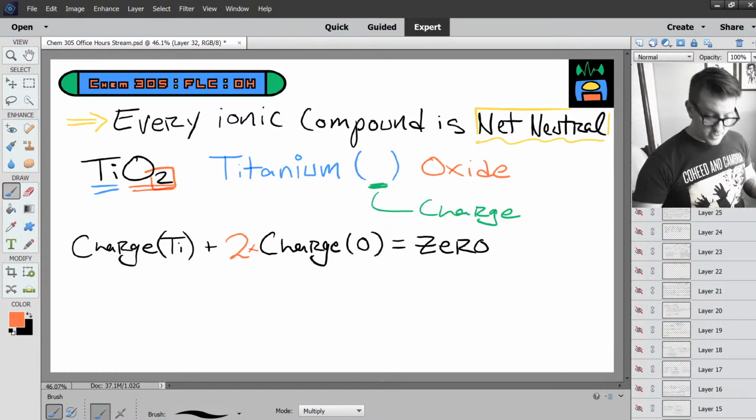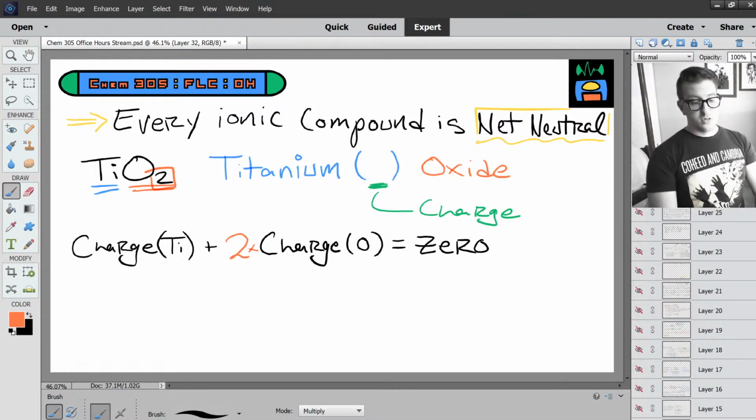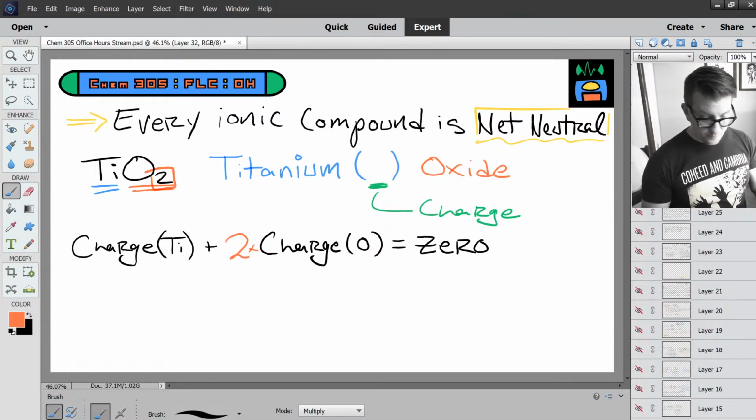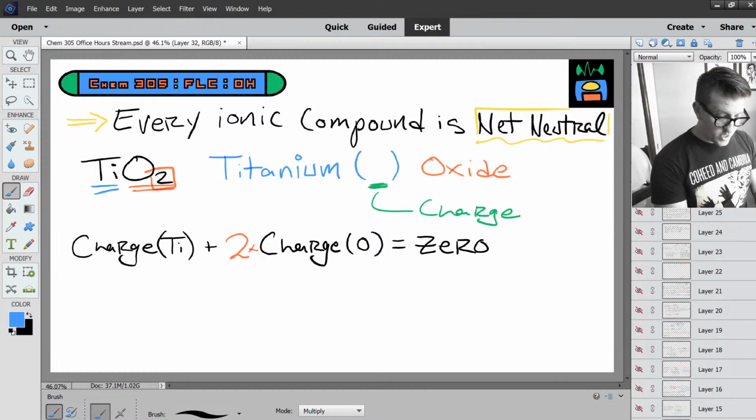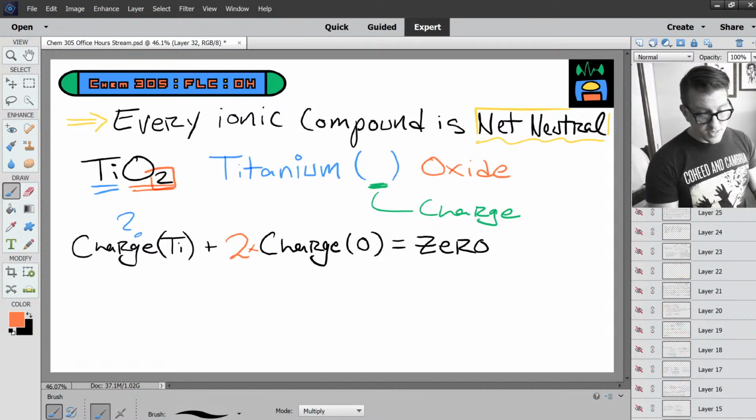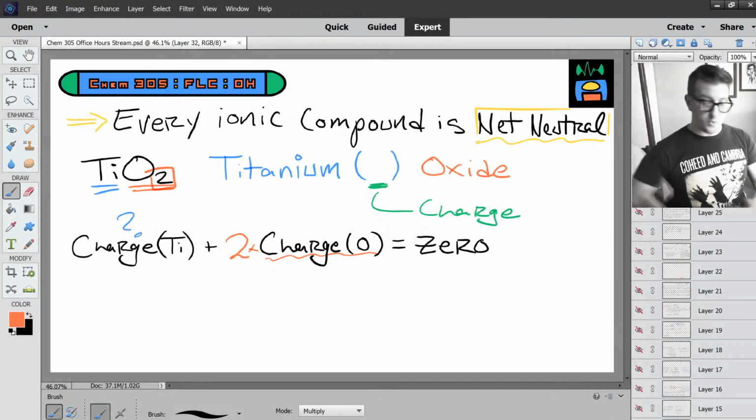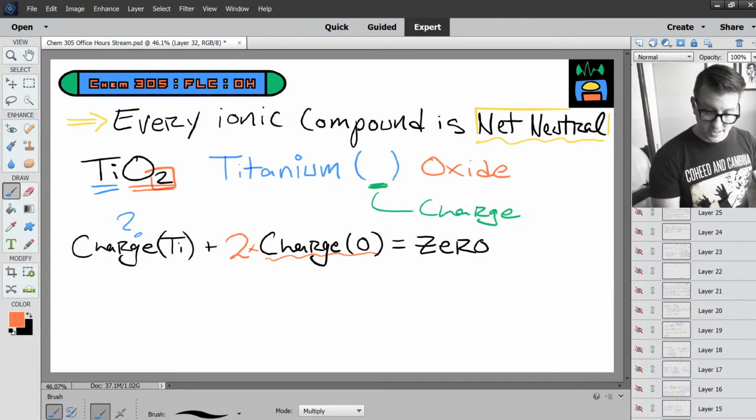Okay, awesome. Now, we don't know the charge on titanium. But we can get the charge of oxygen from the periodic table, all right? You'll look it up. Oxygen has 8 electrons. It wants to be like neon, its nearest noble gas.